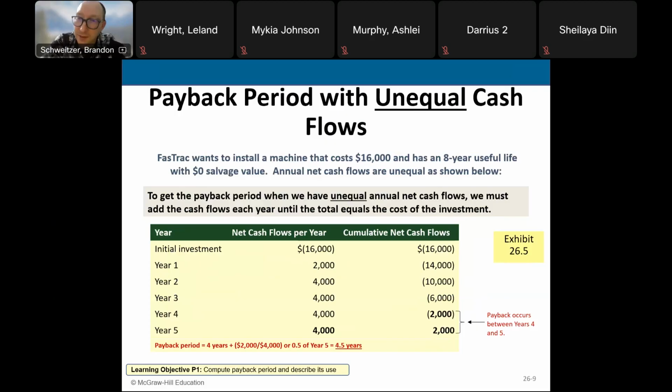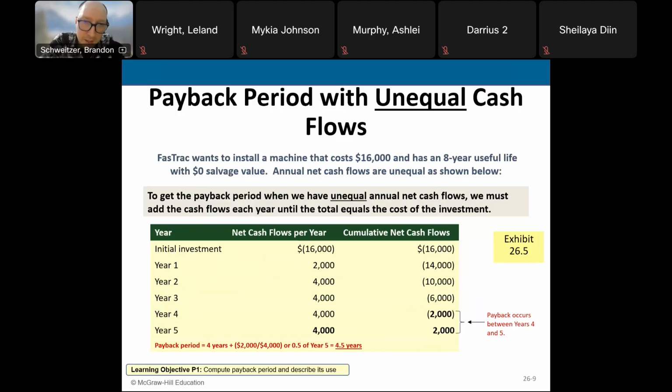In this example, 16,000 went out in year 0. At the end of year 1, we expect that the company will generate a net cash flow of 2,000. End of year 2, 4,000. End of year 3, 4,000. Year 4, 4,000. Year 5, 4,000, etc. And it could vary in other ways, but it's just an example.